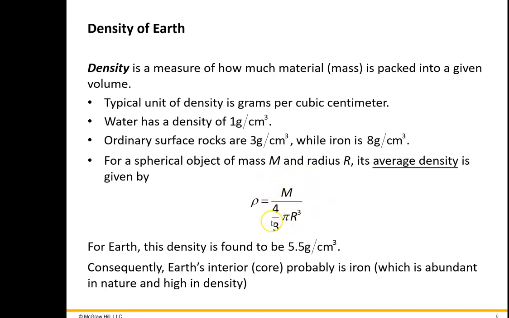And the volume here is a very common geometric formula: 4/3 pi times the radius of the object to the third. So density is mass divided by volume. Sorry if I said pi r squared. It's 4/3 pi r cubed, the volume of any sphere.